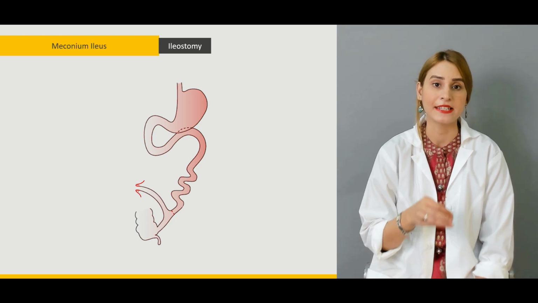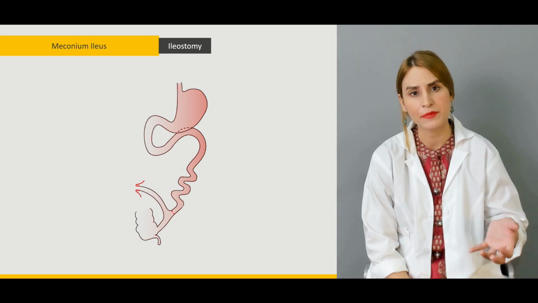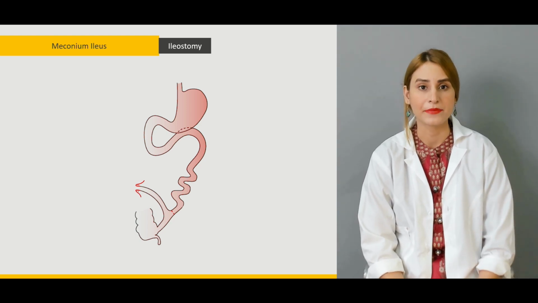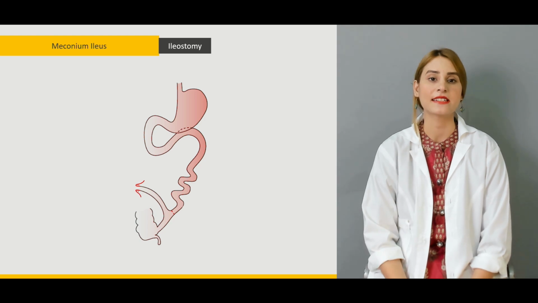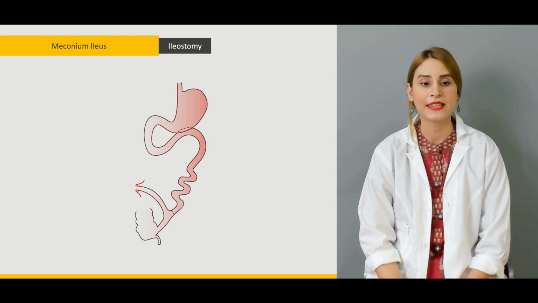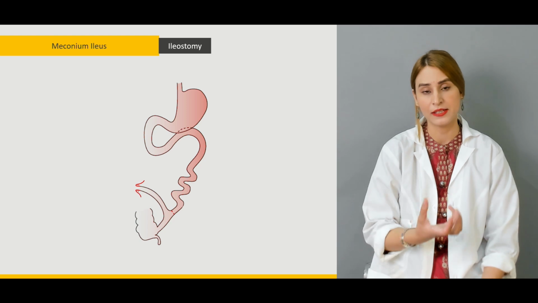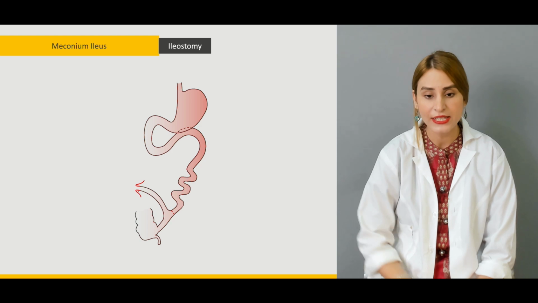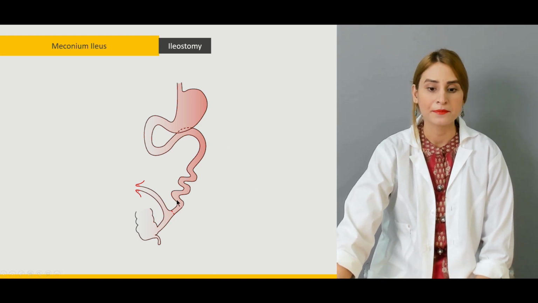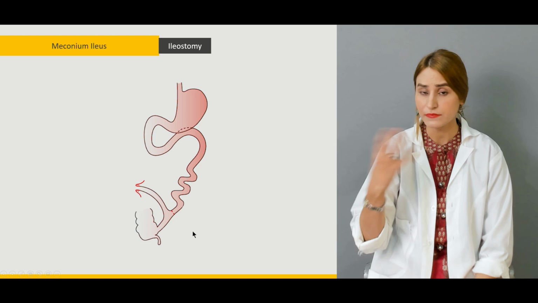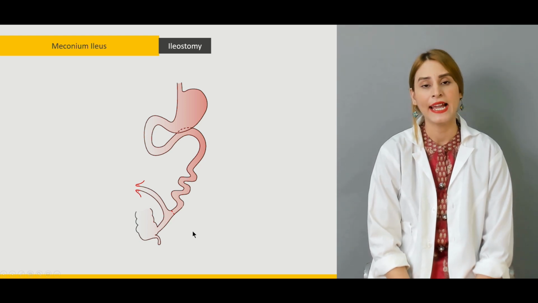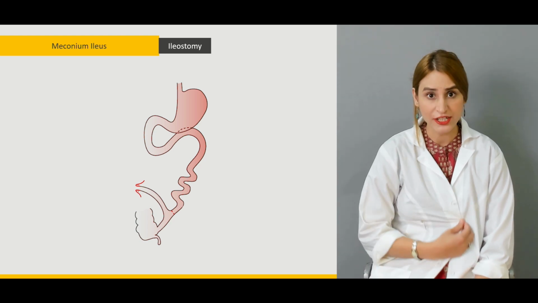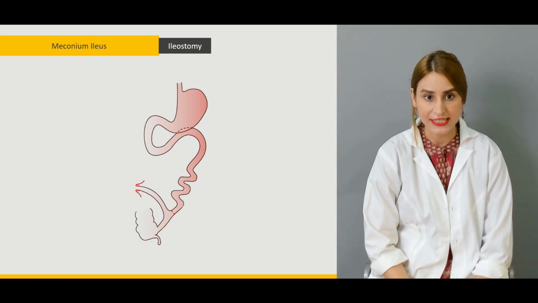Particularly, you can say that there's some kind of involvement of the neuropathic pathways, and because of that, the peristaltic activity is not so good, and the stool which is present in the newborn, that is called meconium. That meconium is most of the time not very fluid, and it is hard, deficient of water, and because of that it is hard in consistency.